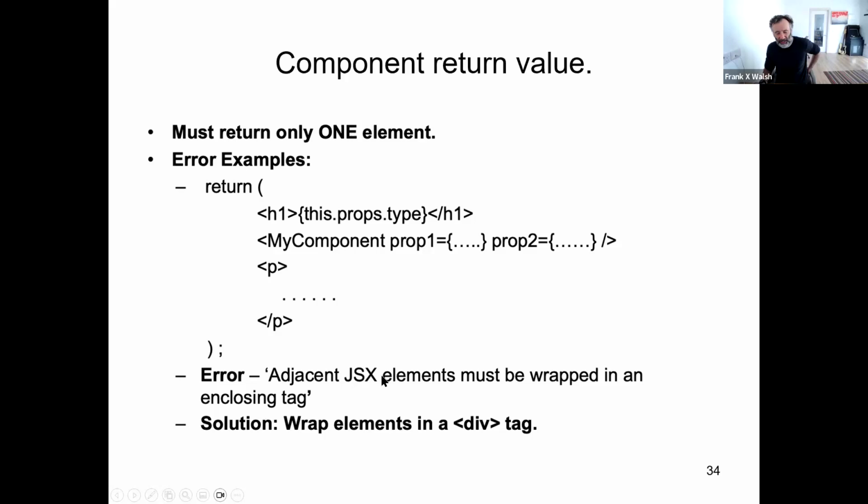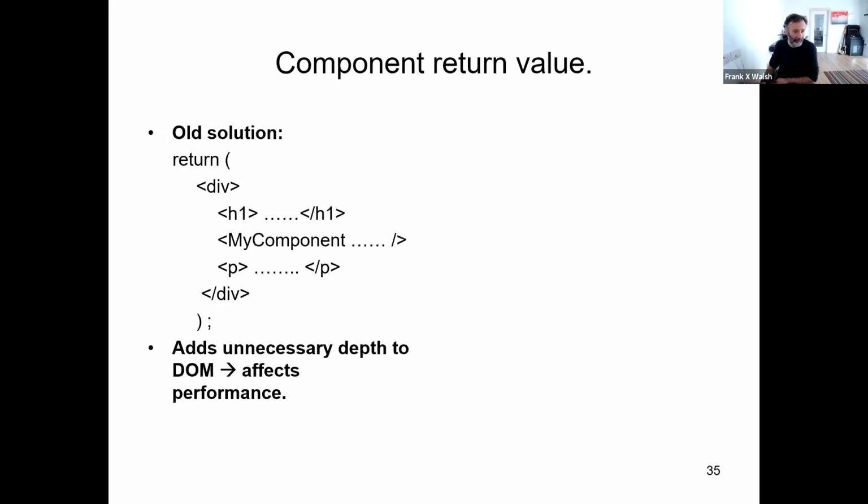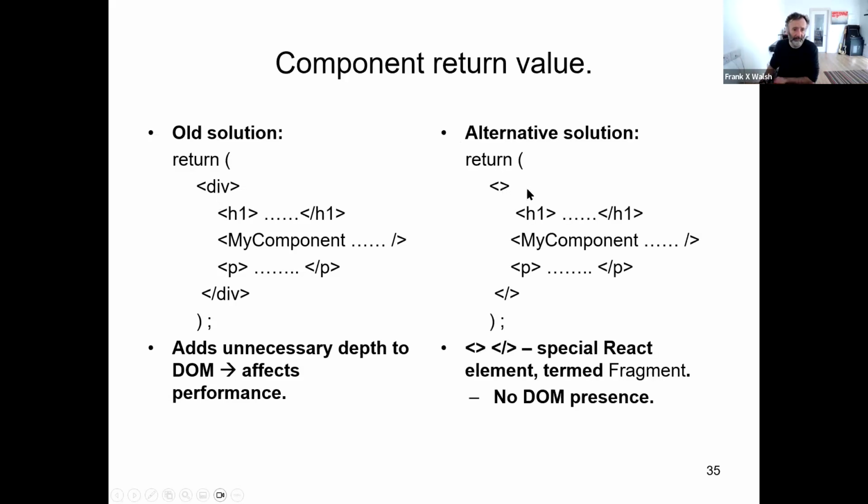So adjacent JavaScript XML or TypeScript XML elements must be wrapped in an enclosing tag. So one solution could be to wrap all of that in a div. Okay, I could do something like that. And that's the way we used to do it in React. However, of late, what we can do here, because that adds depth to your XML, essentially, is put in these special React elements. They're termed fragments, right?